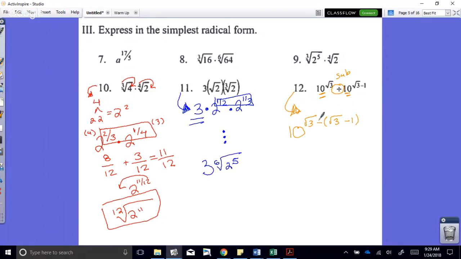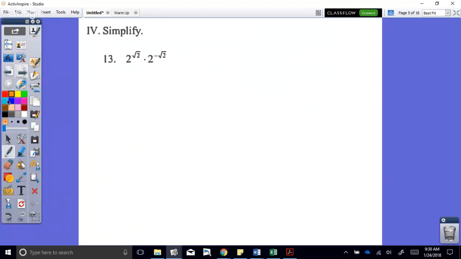And what's tricky about this one is this negative has to go through to both. So this becomes 10 to the root 3 minus root 3 minus 1. Well, these root 3's are going to cancel. And I'm just left with 10 to the first, which is just 10.